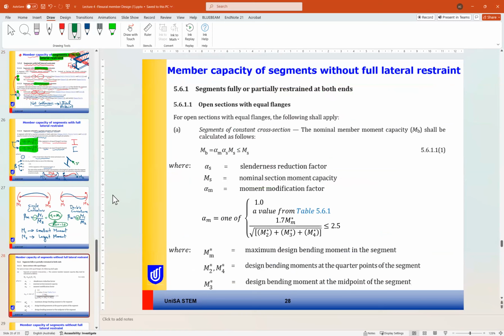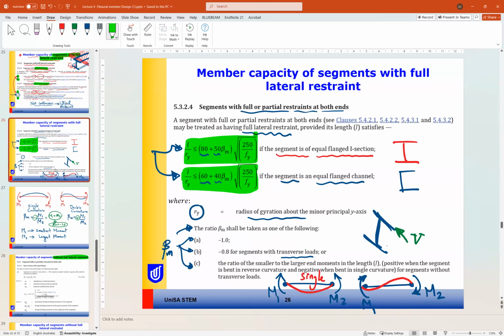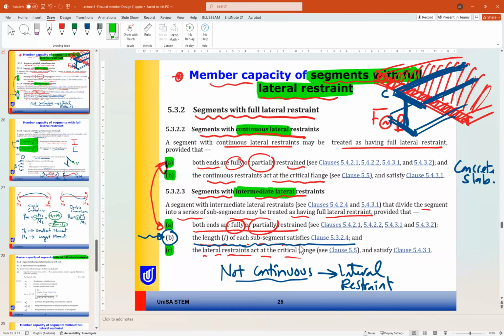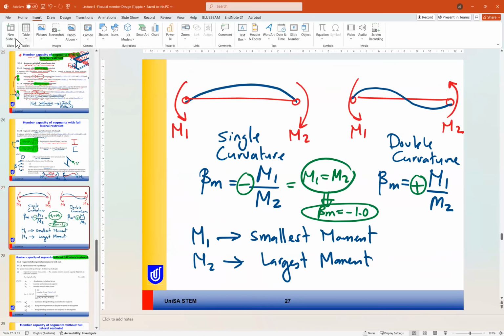So here the member capacity for segment without lateral restraint. Just before we go here, what is the member capacity of a segment with full lateral restraint, if we make sure that it is fully restrained?